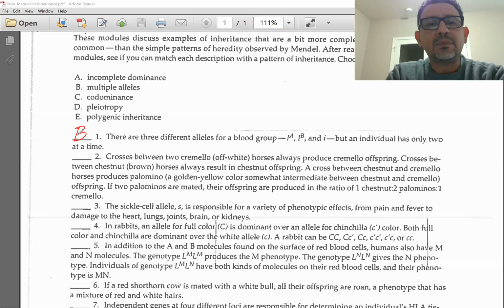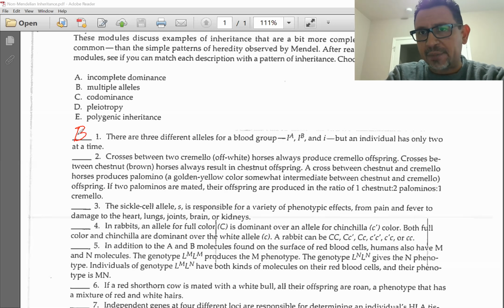That's it. On the second scenario, you read about 2 different kinds of horses: the cremello horses, which have this off-white color, and the chestnut horses, which have a brown type of coat.